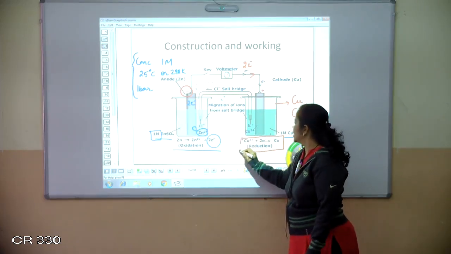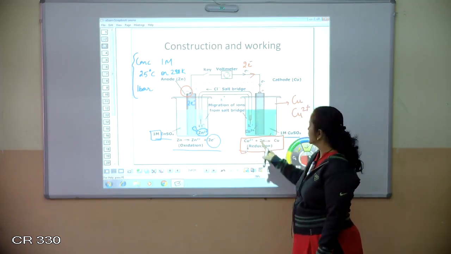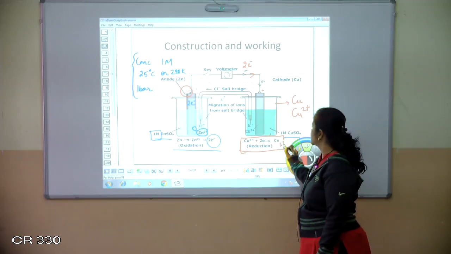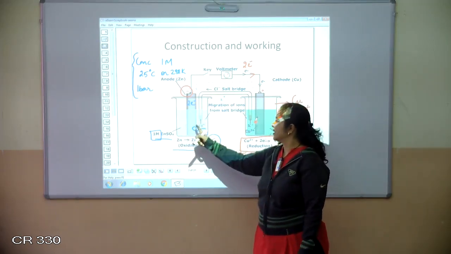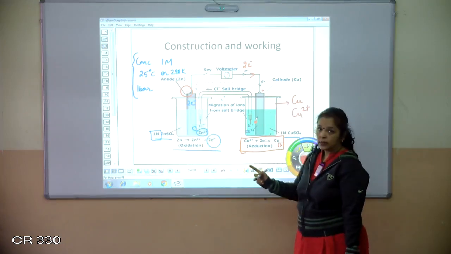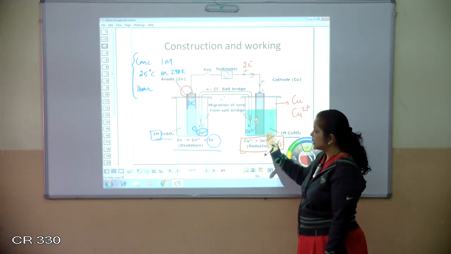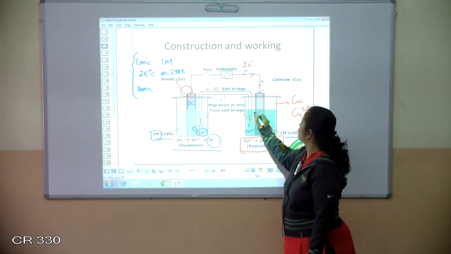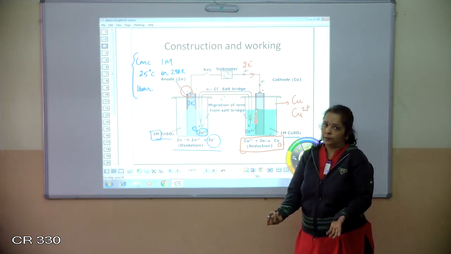The positively charged copper ion accepts the 2 electrons coming from the external circuit and becomes copper solid. So you get a deposition here. While in this case, there is loss of the metal because zinc will continuously move out as zinc ions, on this side we will have deposition of copper and this would start to thicken over a period of time.